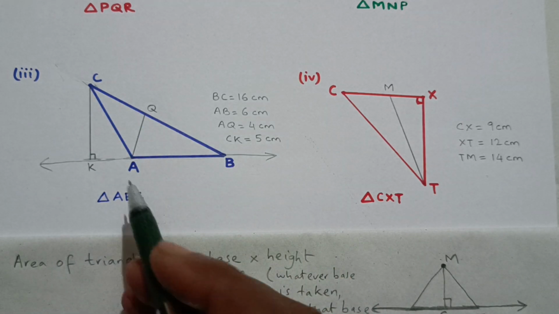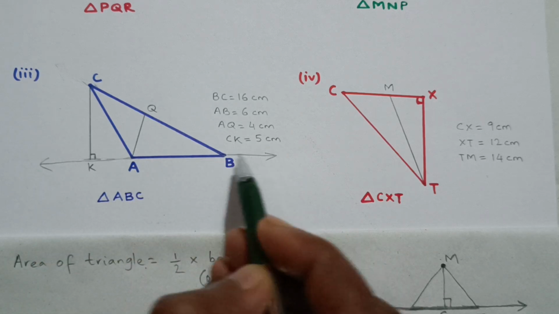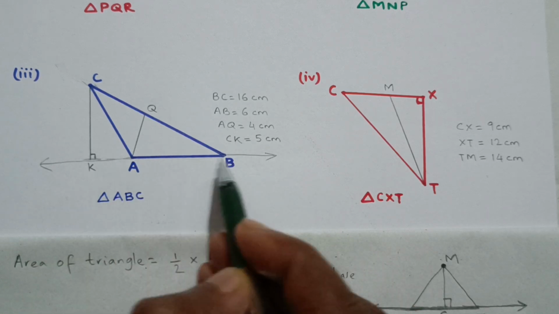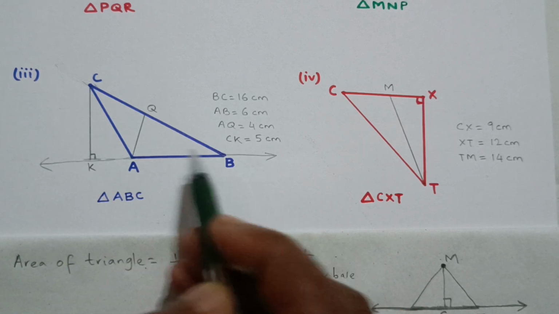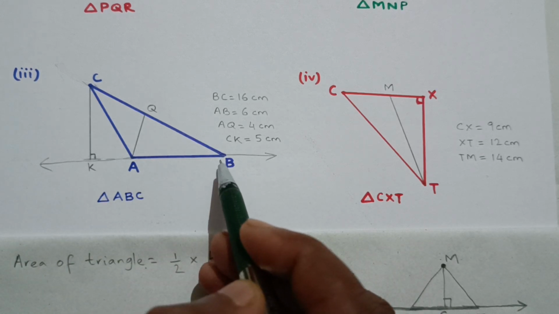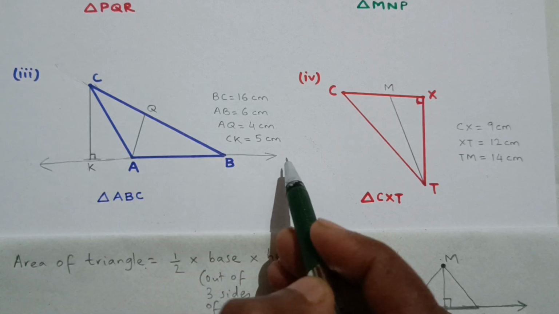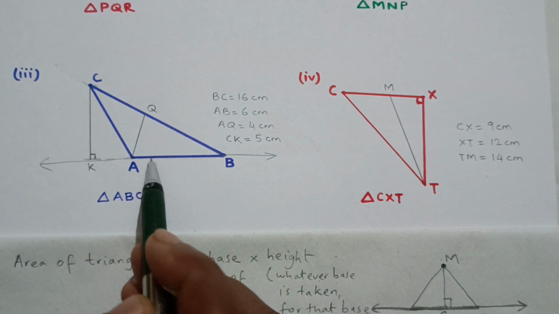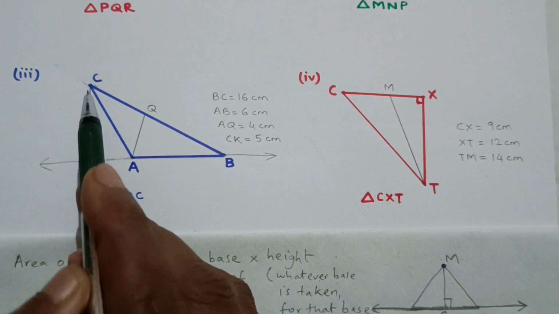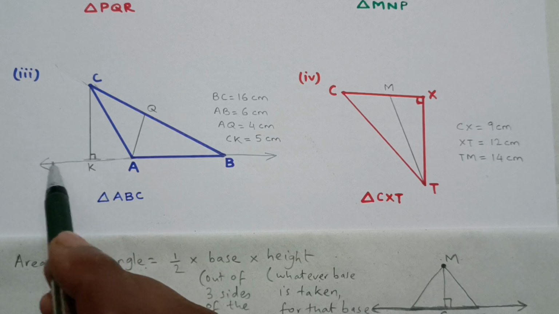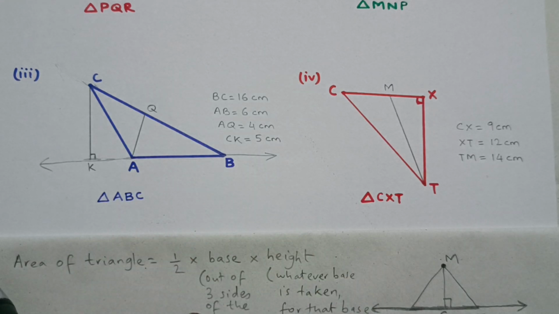But when we are considering the corresponding height, then we can take this line as our base. So this line is now the base, and on this line AB sits. So this CK line segment starts from the opposite vertex C and it meets the base at 90 degrees.